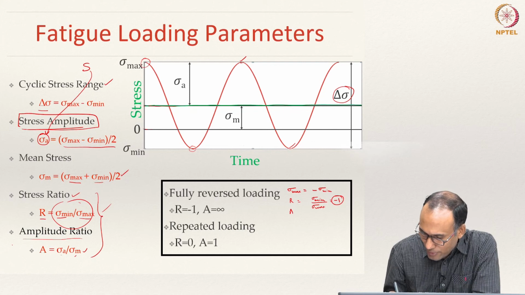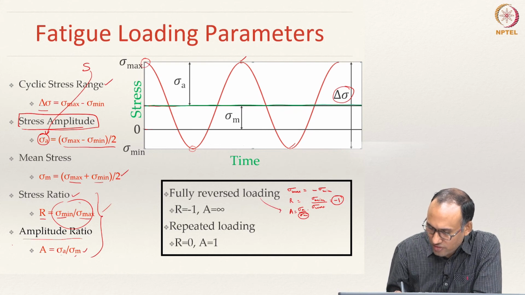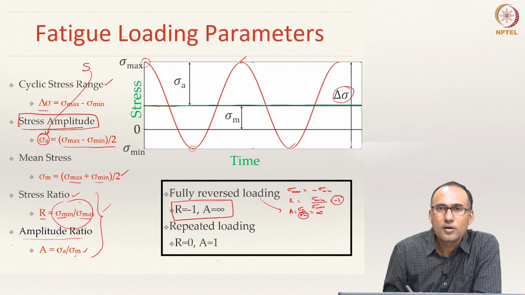And what happens to the amplitude? Amplitude ratio is sigma a by sigma m. We know that mean stress in the case of fully reversible loading is 0, that means it becomes infinity. For a repeated loading, we know that minimum stress is 0, right.